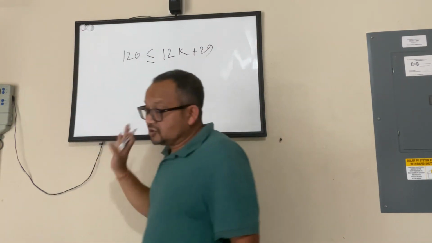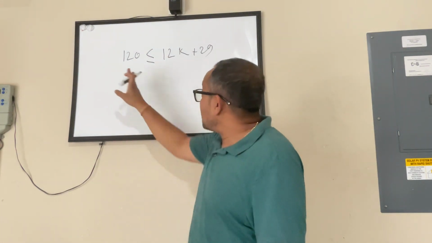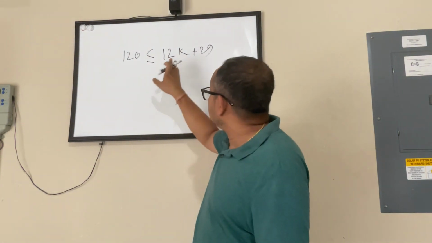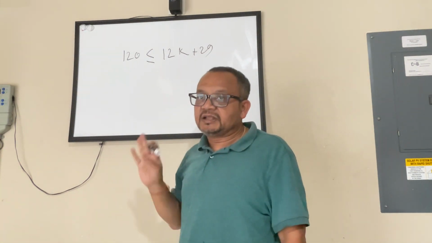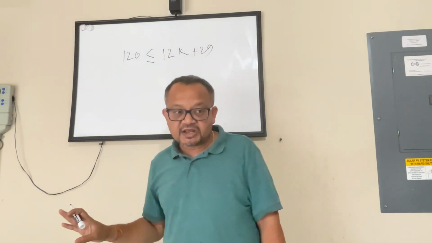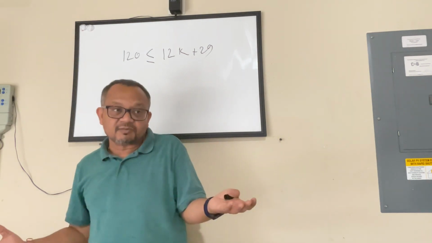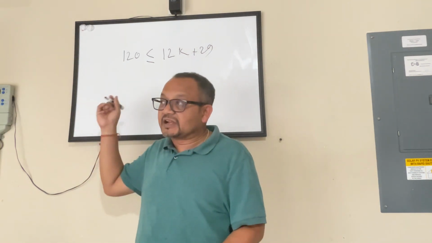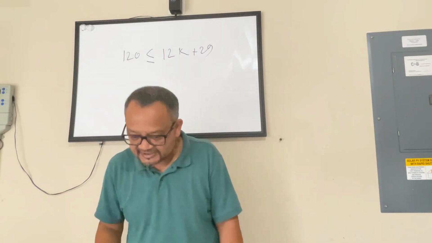In the question, we've been given this inequality, 120 is less than or equal to 12k plus 29. This is the equation. Now, he is given some word problems, saying which condition describes this one. So now can you read those options?